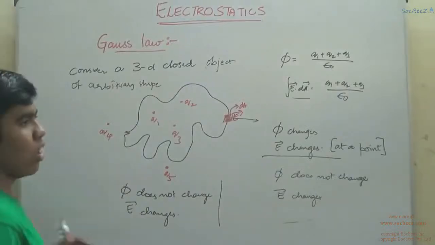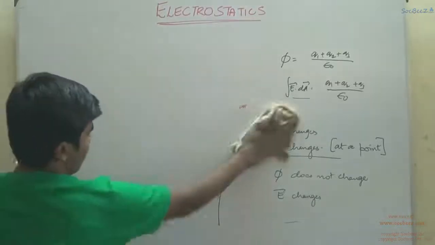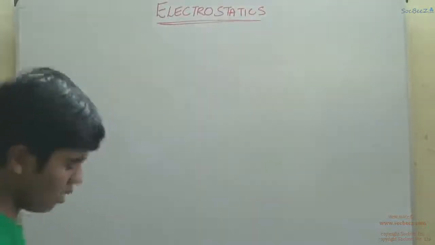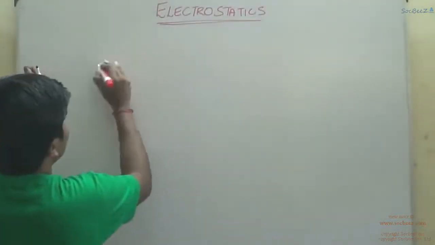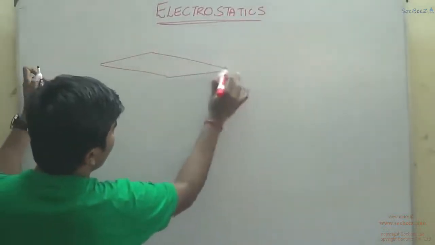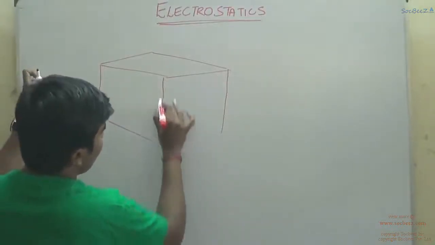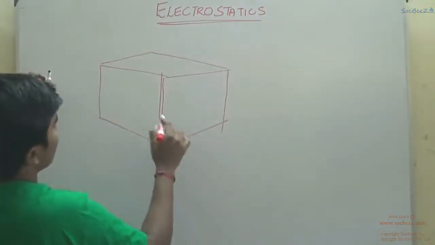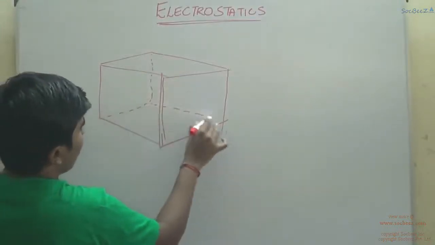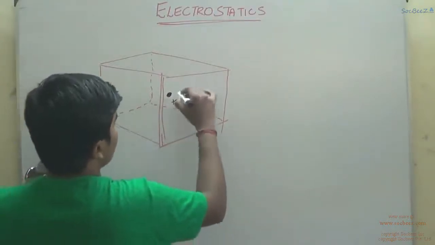Gauss law has been useful for us in many ways to find the flux through surfaces. See, consider a cube, and there is a charge Q present at the center.